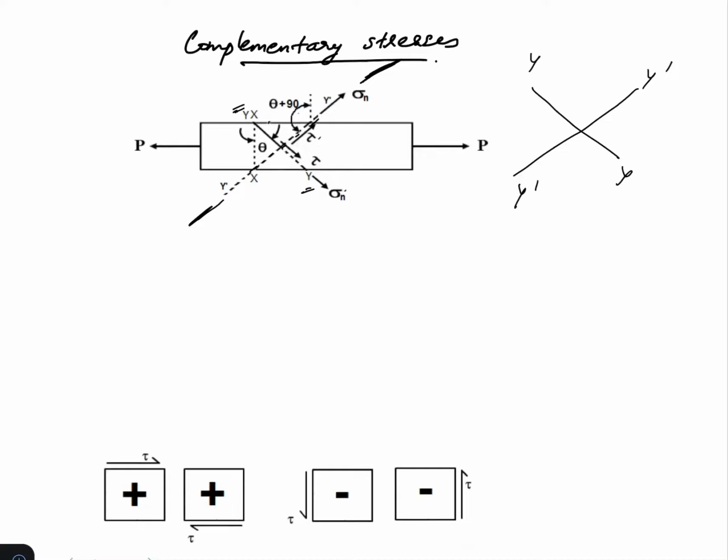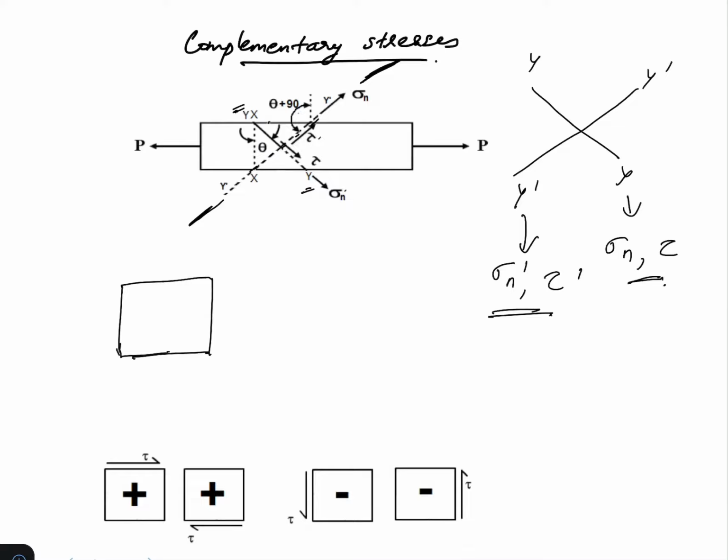The stresses acting on this plane are the complementary stresses to those on the YY plane. So if you represent stresses on the YY plane as sigma n and tau, let us represent the stresses on the Y dash plane as sigma n dash and tau dash. So that will be the complementary stresses to sigma n and tau. We will have an element like this.